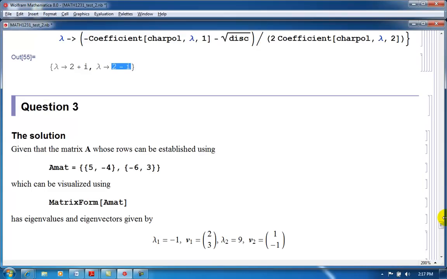So now we move on to question 3, and this is not the solution, this is the problem. So we'll just correct that.